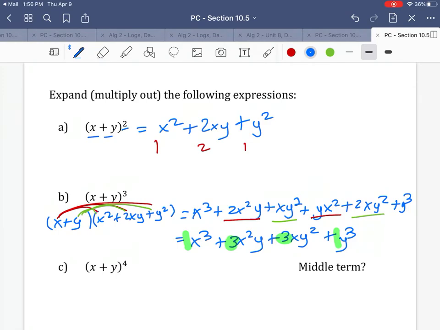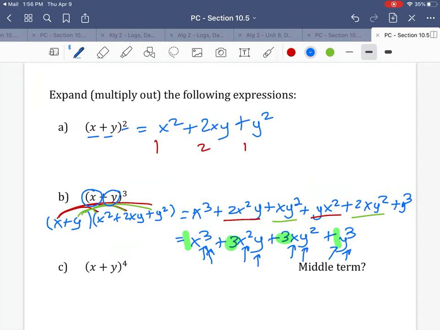So what happens when you do binomial expansion is whatever is in the first spot gets the highest power first, but then it dwindles down to nothing over here. And whatever is in the second spot doesn't exist in the first piece, but then it starts raising. That's power 1, power 2, power 3. So as one goes down, the other one goes up.